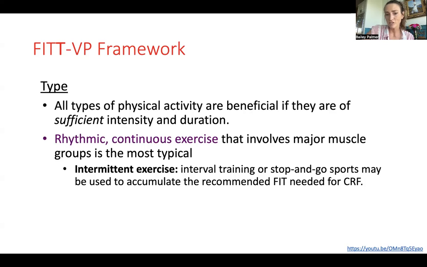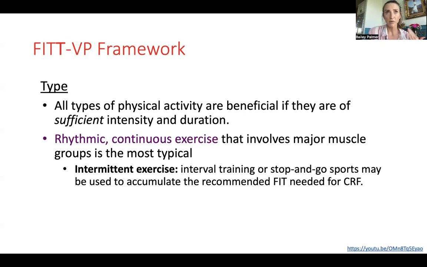Intermittent exercise is also acceptable. Two examples: one would be interval training, to where we would do jump rope and then we would run on the treadmill and then we would cycle. And then we would just repeat that over and over again at different high intensities. So that would be an interval type workout. Or stop and go sports may also be used to accumulate the recommended amount needed for cardiorespiratory fitness.